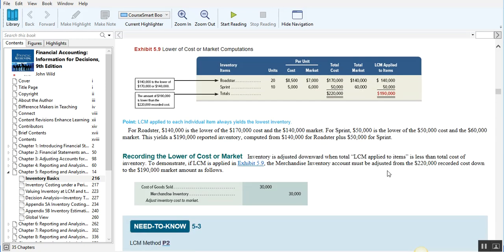So if we're going to record what we just did to adjust the value of inventory, when we reduce the value of inventory because of the market, we're going to increase cost of goods sold, because what we're actually doing is we're moving the cost of those items out of ending inventory and into cost of goods sold.